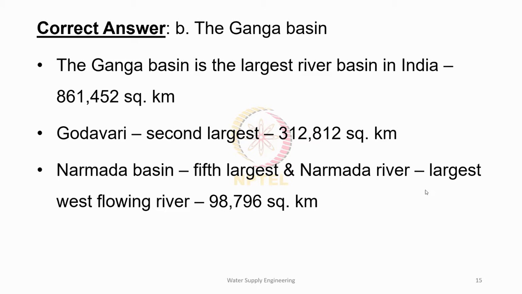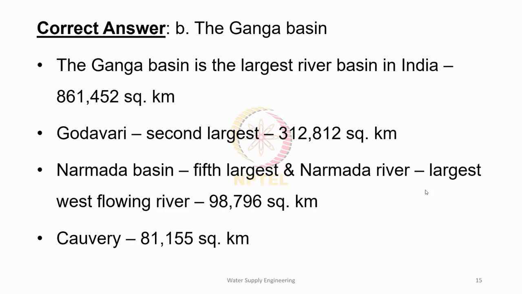Then the Narmada Basin is the fifth largest with a catchment area of 98,796 square kilometers. And the Narmada River is the largest west flowing river of our country.